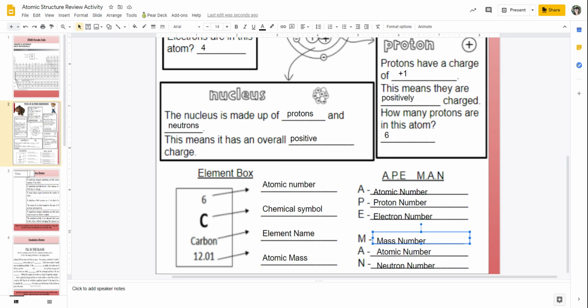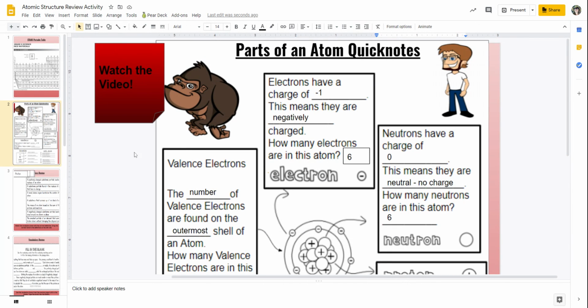Or I could just say I take the big number and round it, subtract the small number, and that gives me neutrons. Okay? Or said another way, I take the bottom number and round it, I subtract the top number, and I get neutrons. So that is the notes portion, the parts of an atom quick notes, which is the second page.